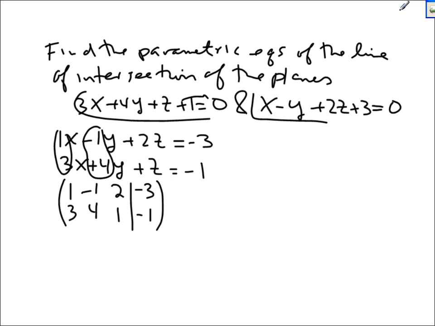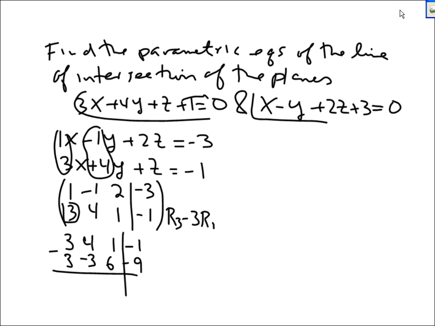And we solve this. I want to get this to be a 0. So I'll keep R3 the way it is, but I'll take away 3 times R1. This is row 3, and this is 3 times R1: 3, negative 3, 6, negative 9. And I subtract. Get 0, 7, negative 5, and 8.